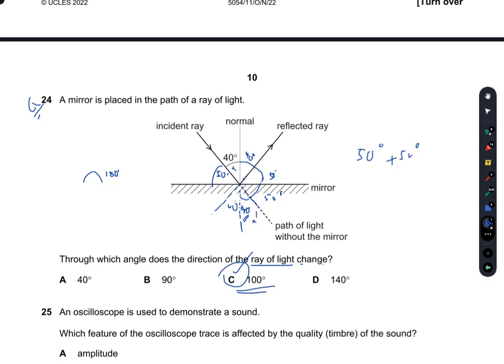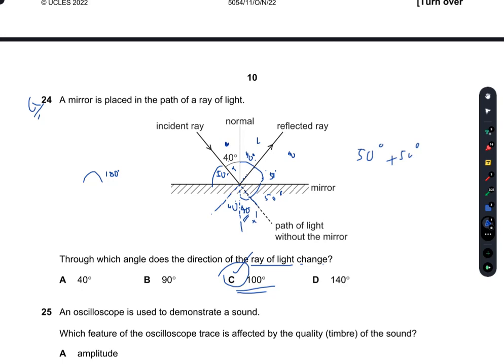So if I revise the concepts applied here, 40 degrees occurs here, its reflection, so 40 degrees would occur on this side. And if 40 degrees occurs here, there is a total of 90 on this side, so there should be 50 here. And if there is 50 here and 40 on this side, which I'm marking now, then I also construct a normal on the inner side of the mirror.